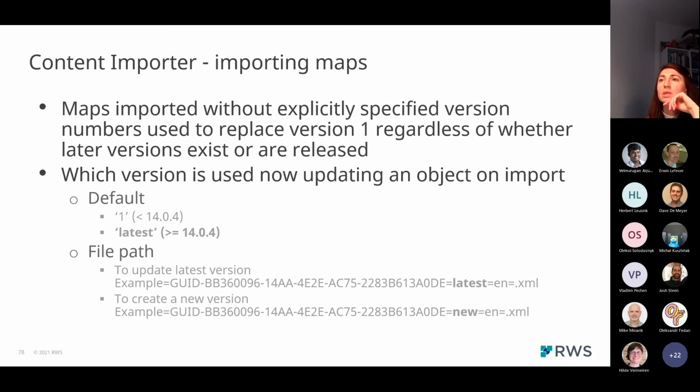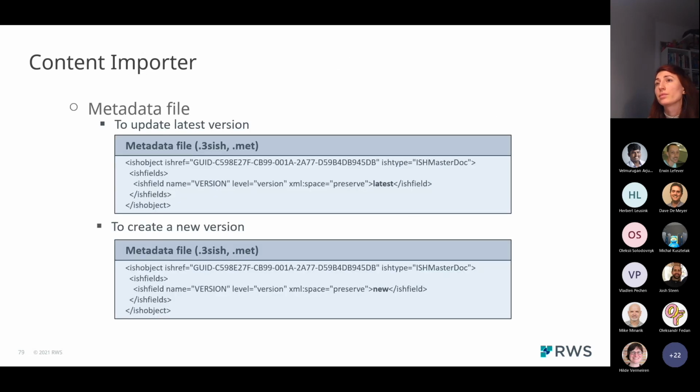Before, we had the case with version 1 and 1 and latest. So we resolved that one, and maps imported without explicitly specified version numbers use the replaced version regardless of whether the latest version is released. And this is the example of how to update the latest version in the metadata file and how to create a new version.